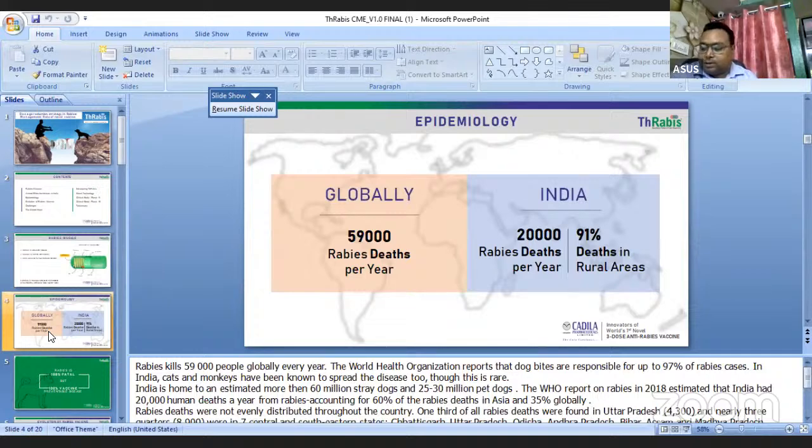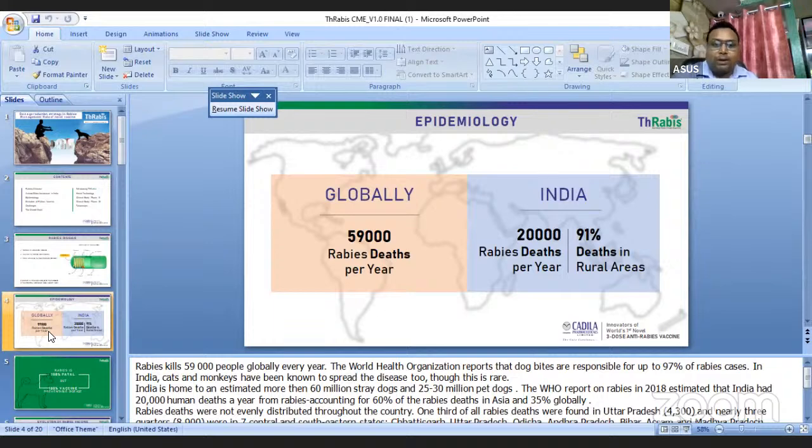After that, we can see the next slide, epidemiology. It causes tens of thousands of deaths every year, mainly in Asia and Africa, where 40% of whom are children under 15 years of age. Dogs are the main source of human rabies deaths, contributing up to 99% of all rabies transmission to humans.